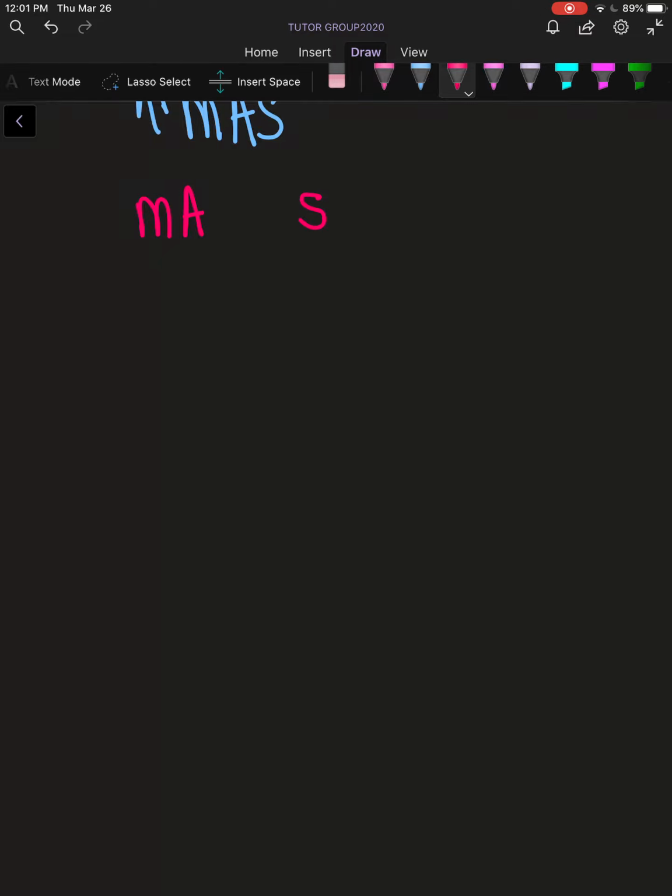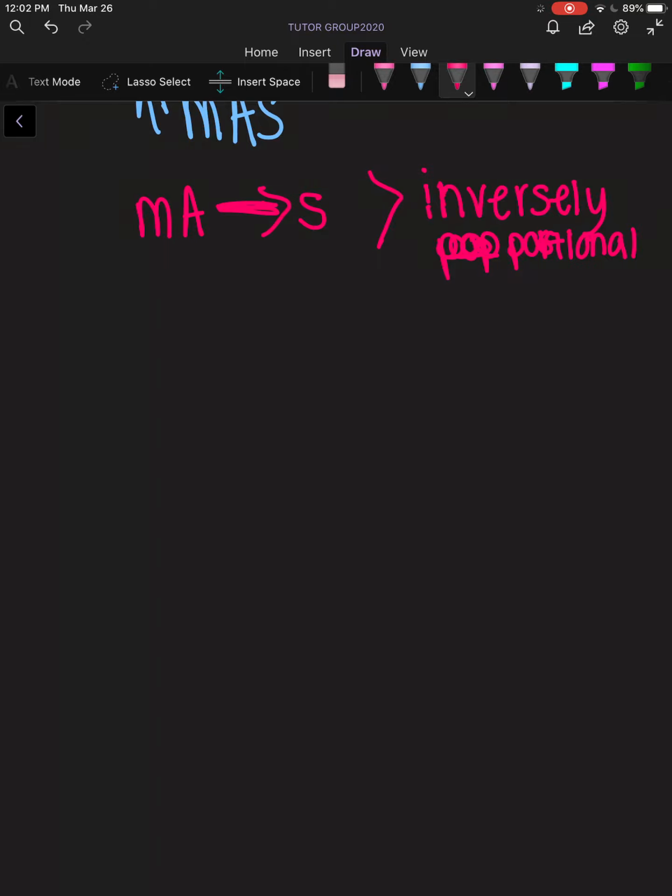Now, one thing that can be confusing is that mA and S, which is seconds, are inversely proportional. You cannot think of mA and seconds as the same thing. mA and seconds come together to make mAs, but they are not the same thing at all.